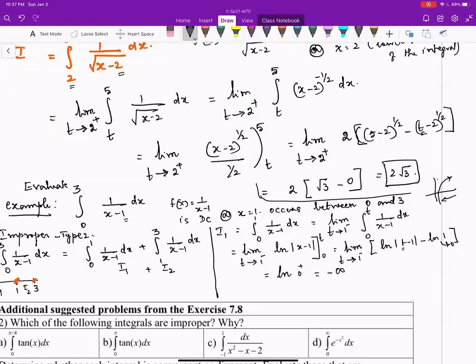So this means that the integral is divergent, whether I2 is convergent or divergent.